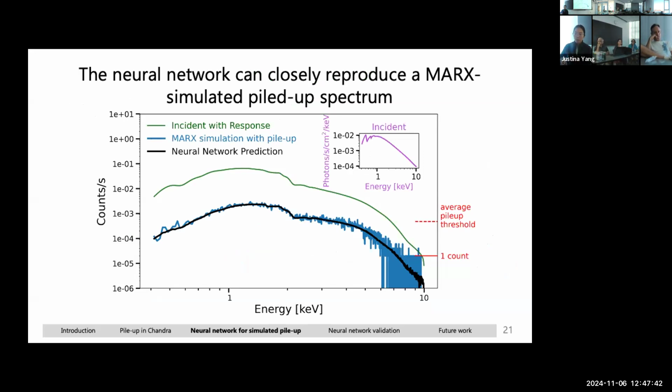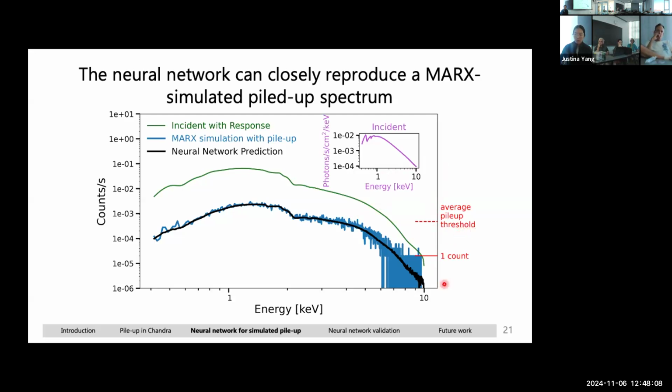So in this plot, the inset plot is the incident spectrum in physical units, which doesn't include any RMF or ARF from the telescope yet. The green line is the incident spectrum with the response. And for reference, this dashed line is an approximate scale above which we would expect to have happening.